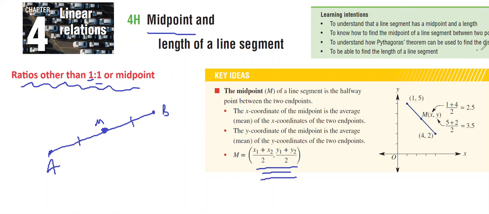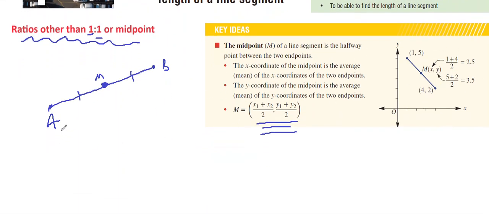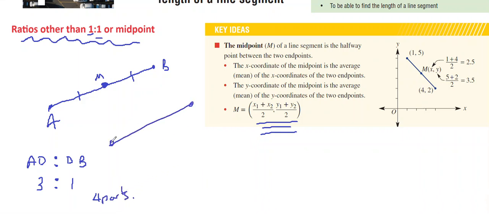But if it's in other ratios, for example, if A to D and D to B is a ratio of 3 to 1, that means we have 4 parts. So from A to B, I'm going to break this into 4 equal parts.